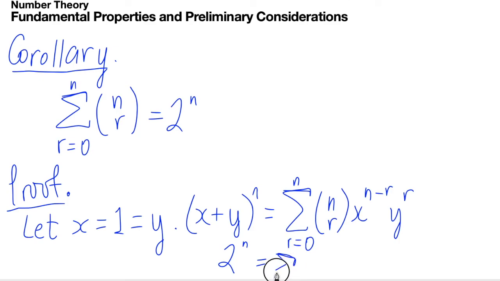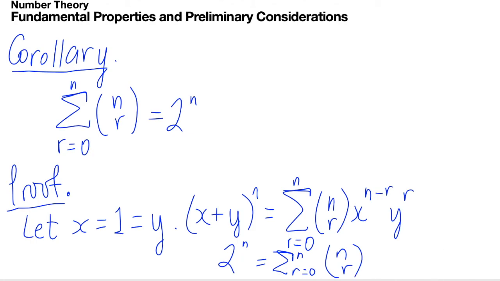Okay, that's challenging. So we have r equals 0 until n. That's also one LaTeX way of writing that, of n choose r.